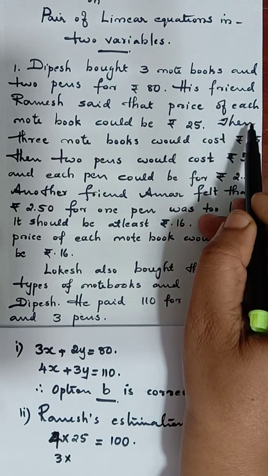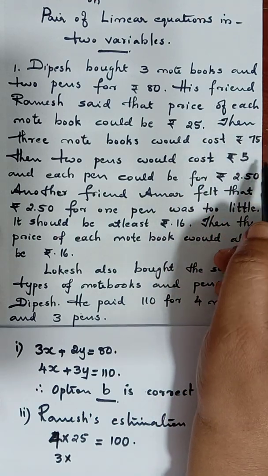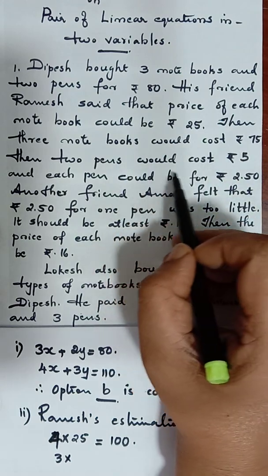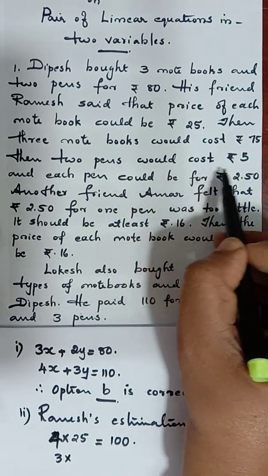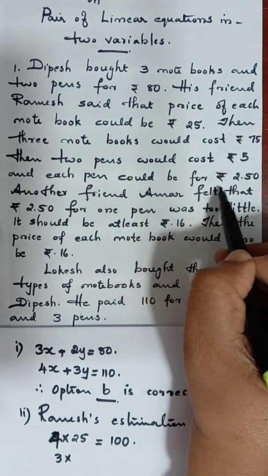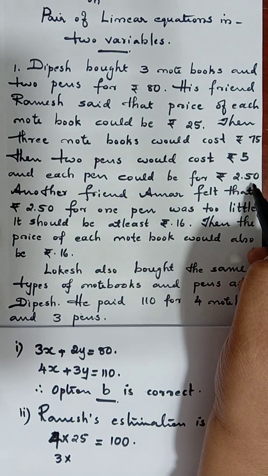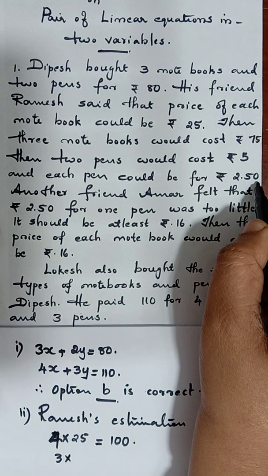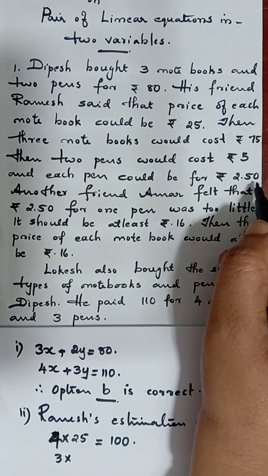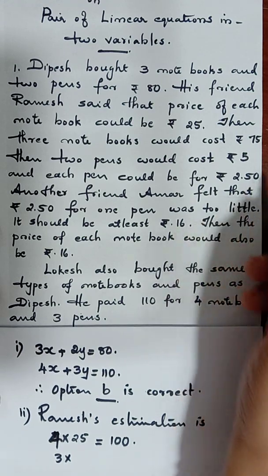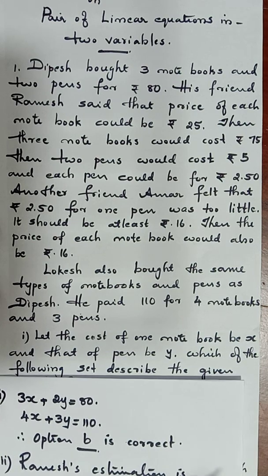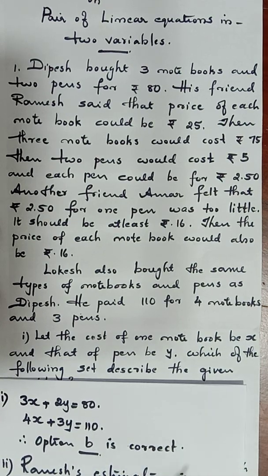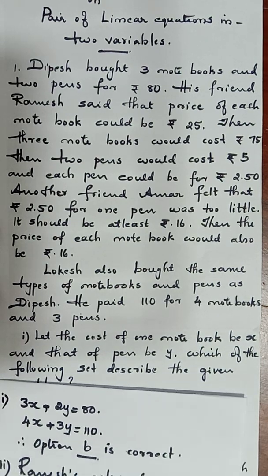Okay, let us see that. Cost of a pen is rupees 2.5. 2 pens would cost rupees 5. Each pen could cost rupees 2.50. According to Ramesh, each pen should cost rupees 2.5. But according to Lokesh, it should be different, and in total he paid an amount of 110.